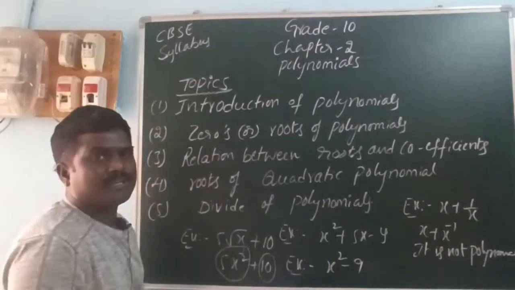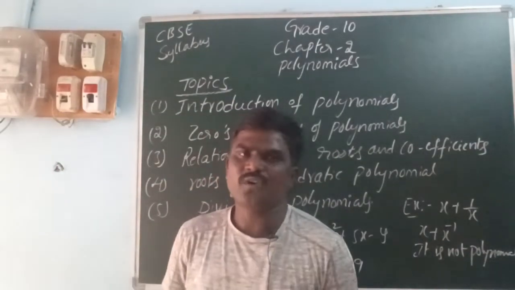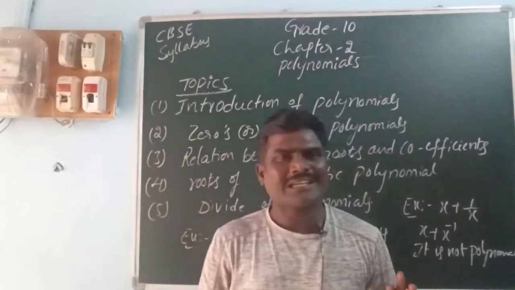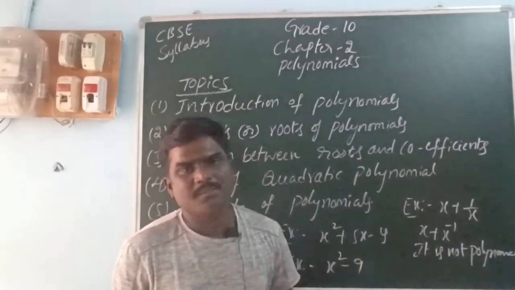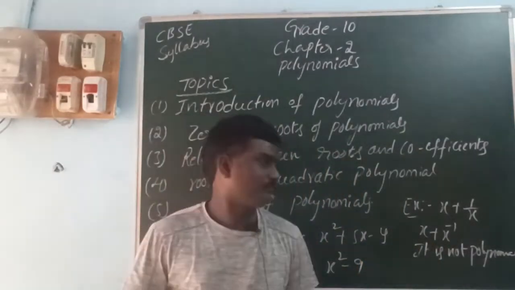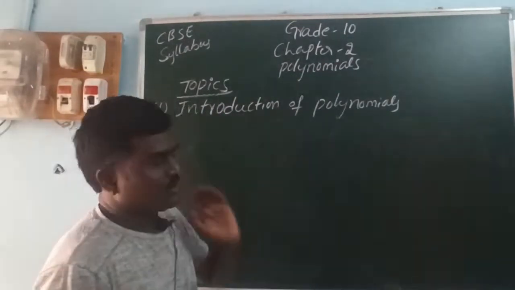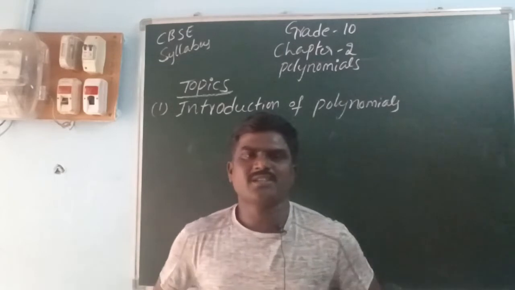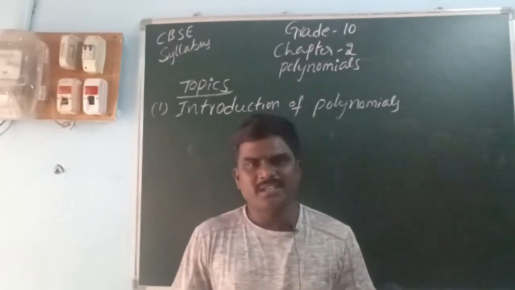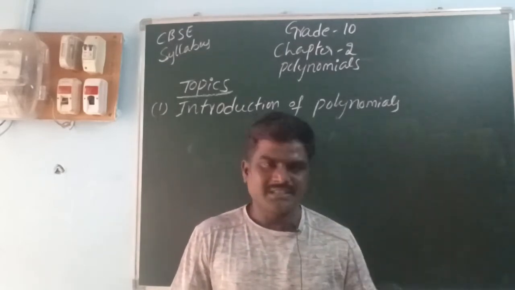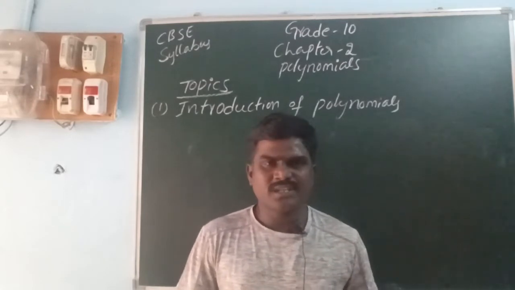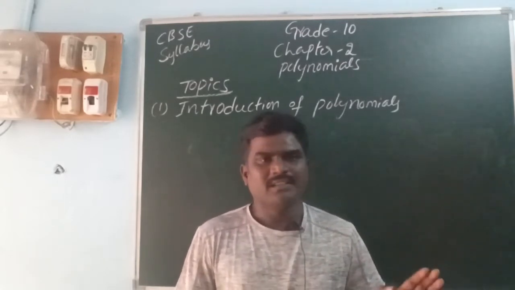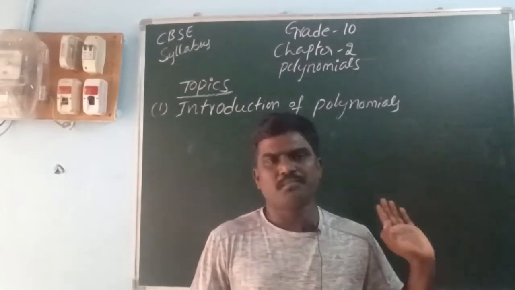Polynomial means the degrees of the terms of an algebraic expression are non-negative integers. If the degrees are negative integers or fractions or decimals, that algebraic expression is not a polynomial.